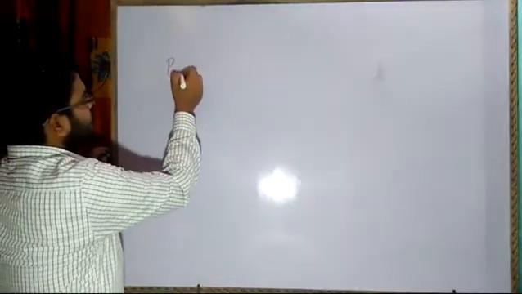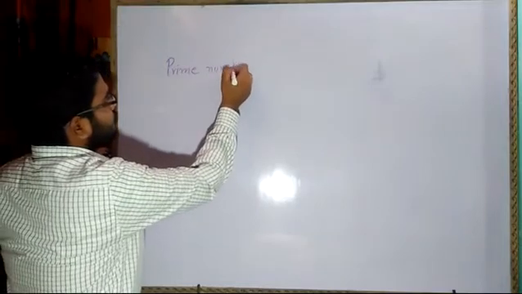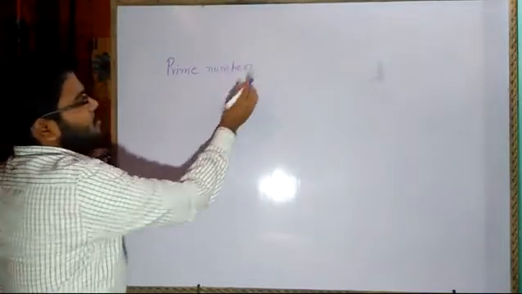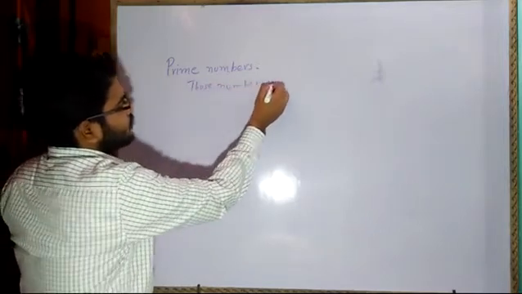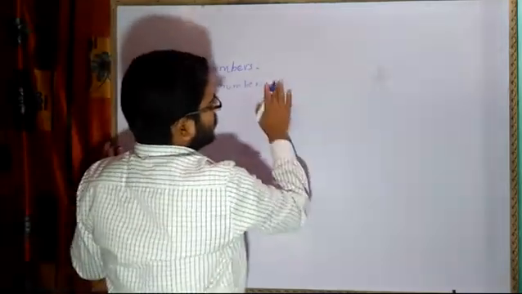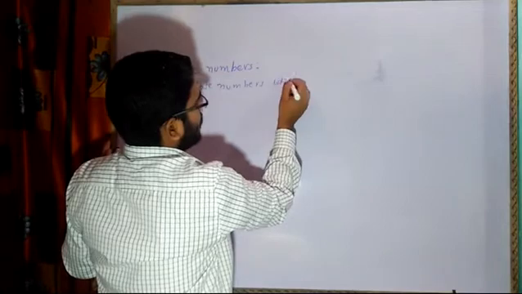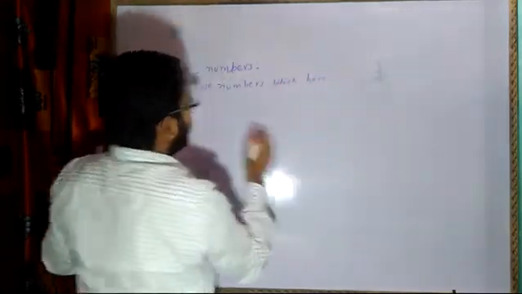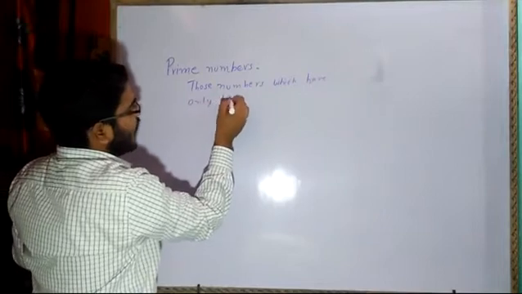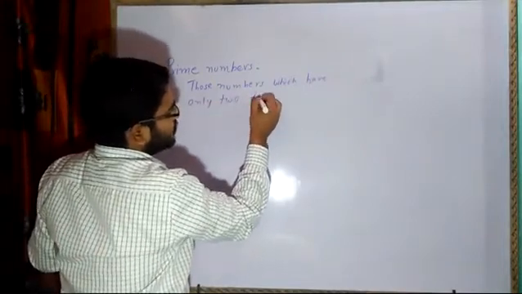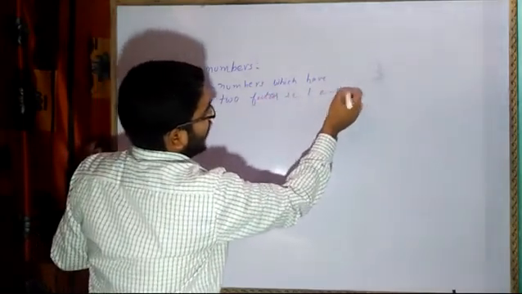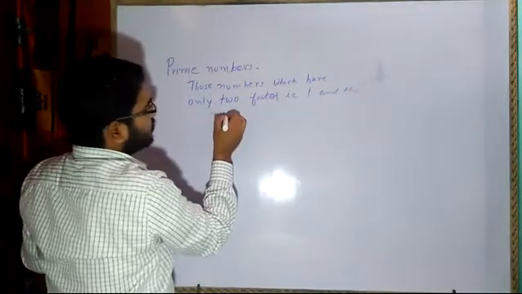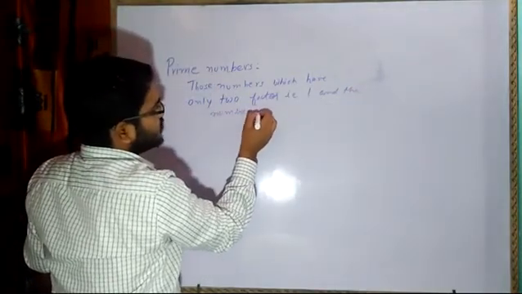A prime number means, so write prime numbers: those numbers which have only two factors, that is 1 and the number itself.